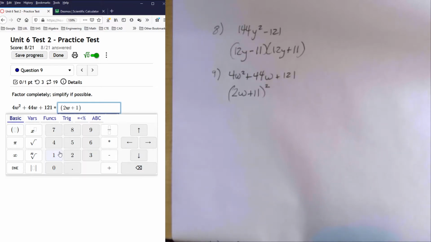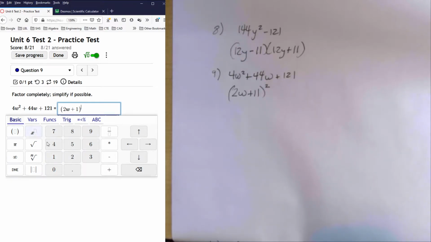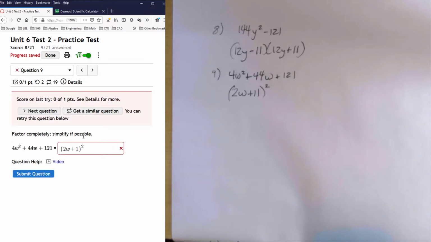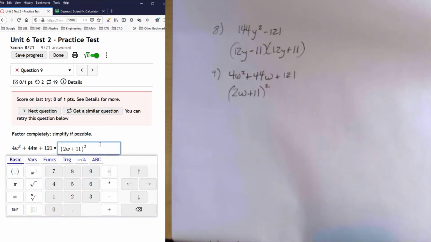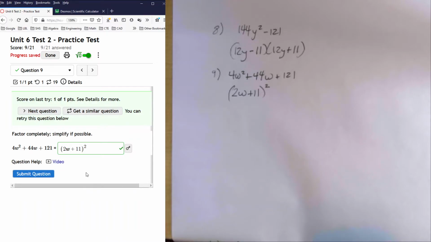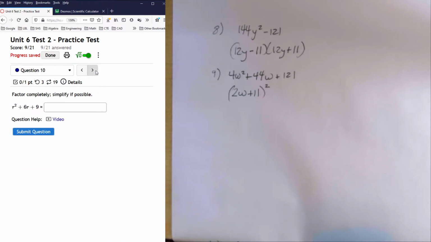That's 11. And then that's just going to be squared. And I didn't type it in. There we go. Okay, so I need to slow down a little bit and check these before I submit. There's a couple of them that I've kind of messed up that way. But hopefully you're not doing the same thing.